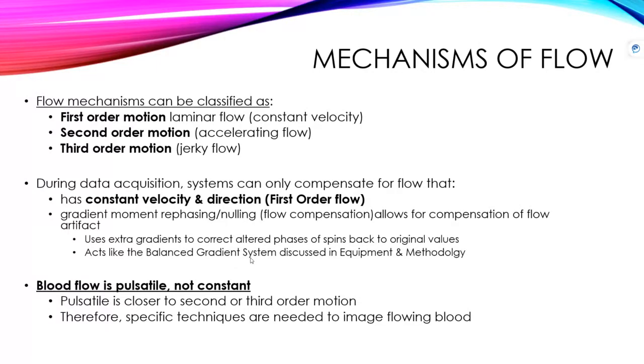It is just like the balanced gradient system that we talked about in our equipment and methodology class. I think that's where we talked about it. So it's that bipolar gradient application. So the only one that we can truly compensate for during data acquisition by using those bipolar gradients is first order flow.